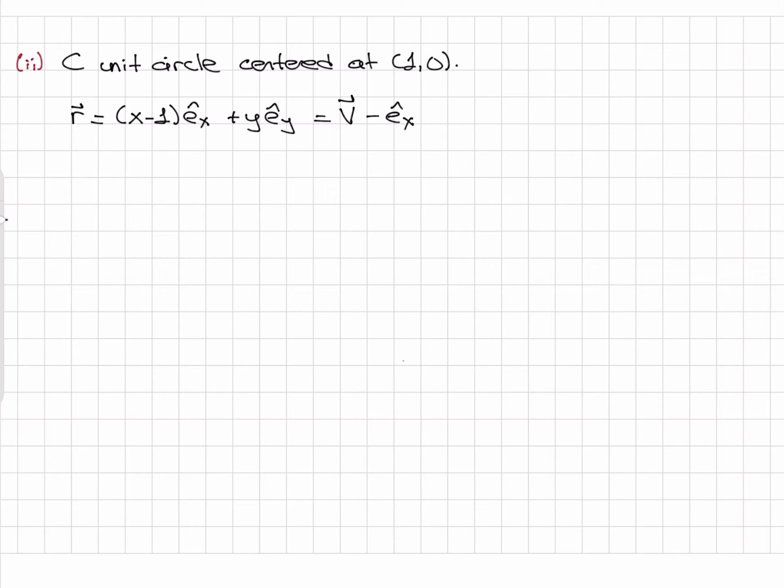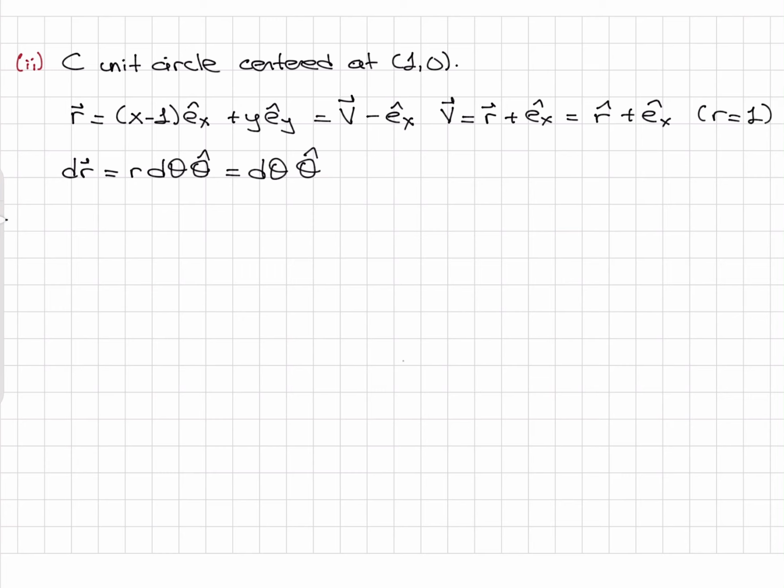So that's the position vector. dr, the displacement vector, is again r d theta, theta hat, where r is 1, so it's d theta, theta hat. And the V vector is r plus e_x hat, which, because the r magnitude is 1 for a unit circle, is r hat plus e_x hat.